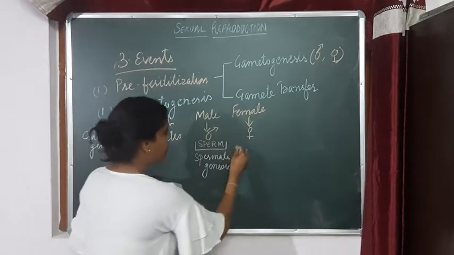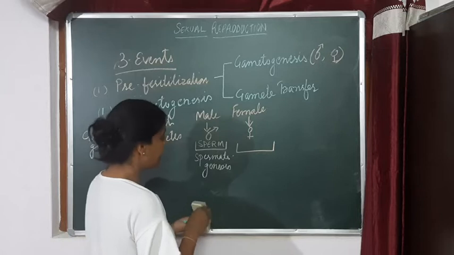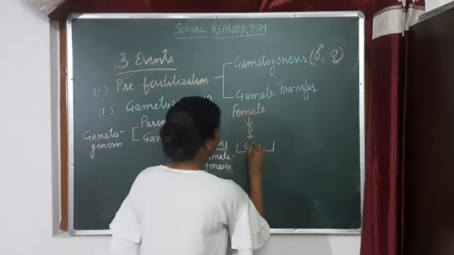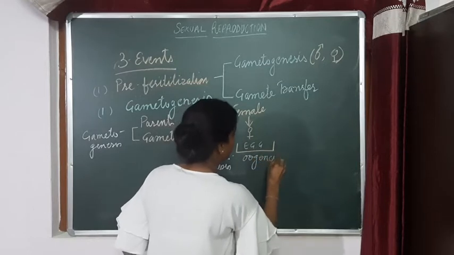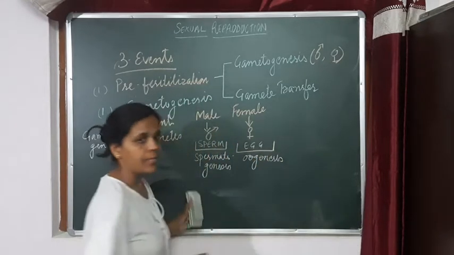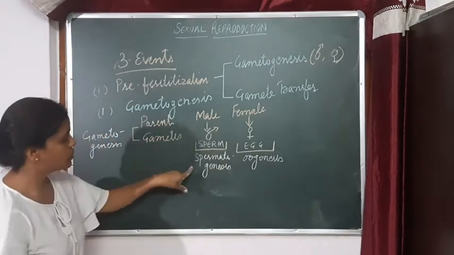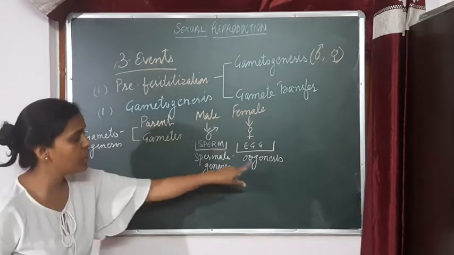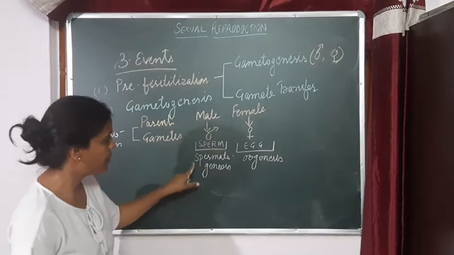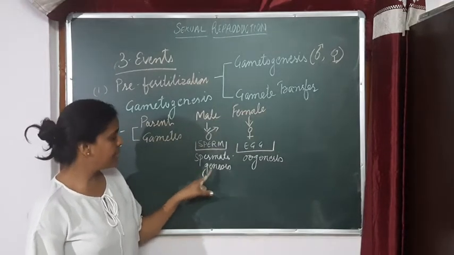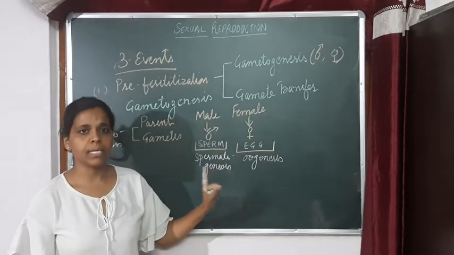Now, if I am talking about the female gamete, the egg is formed, and this process is known as oogenesis, right? So two different kinds of gametes are formed. The common term for both, male or female, is gametogenesis, and the process of formation of the male gamete is spermatogenesis, and of the female gamete is oogenesis, right?